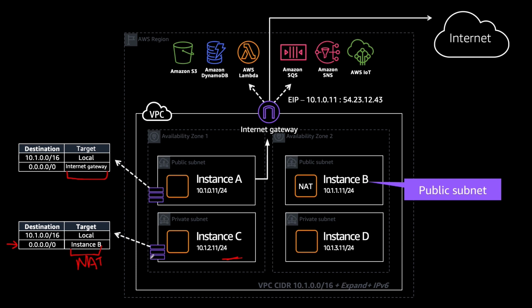This NAT instance will take care of flowing the data from your private subnet to the internet. That is how NAT instances work. All the traffic goes from here to the NAT, and then the NAT talks to the internet gateway.